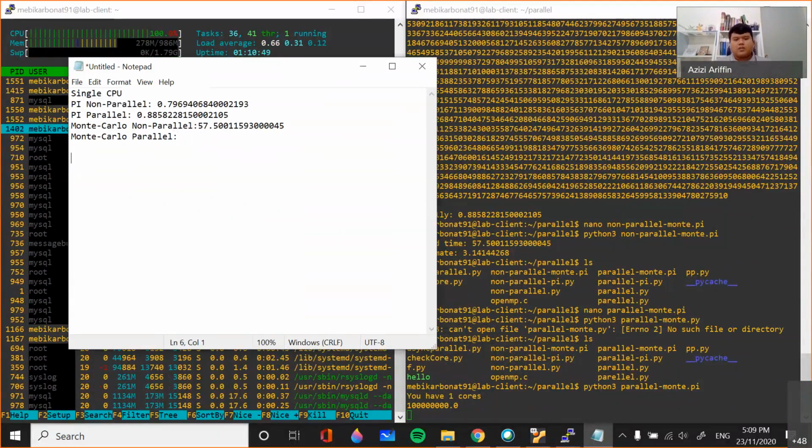So, nanti lepas ni kita try buat apa core kita buat. Saya ada 4 physical core thread. So, maksimum kita 4 core lah. So kita buat 4 core. Kita tunggu dulu Monte Carlo ni siap.